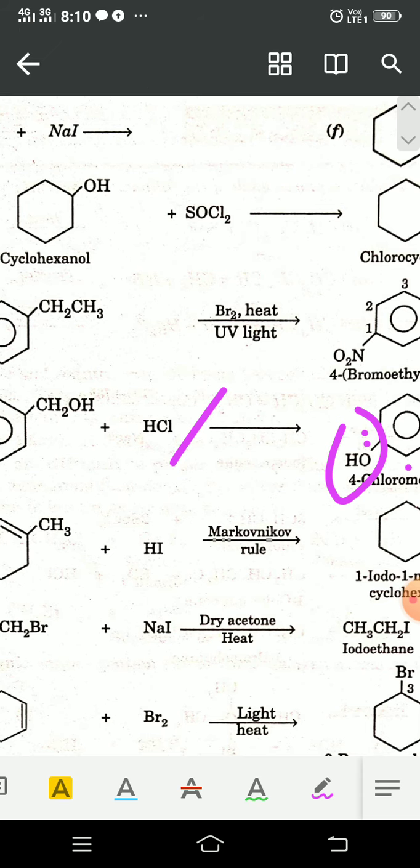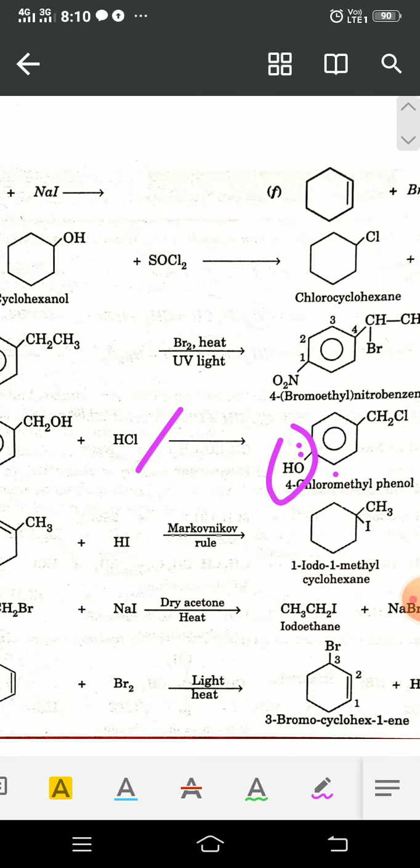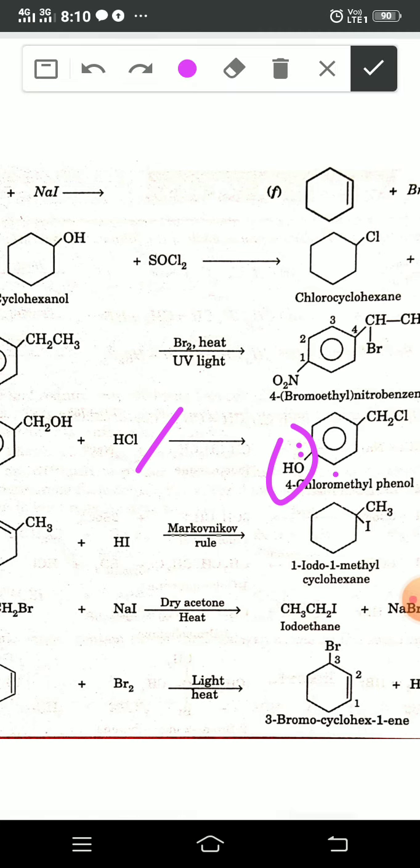So in this case the product is chlorocyclohexane, because OH is replaced by Cl.